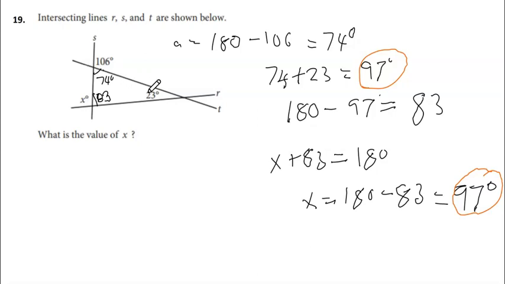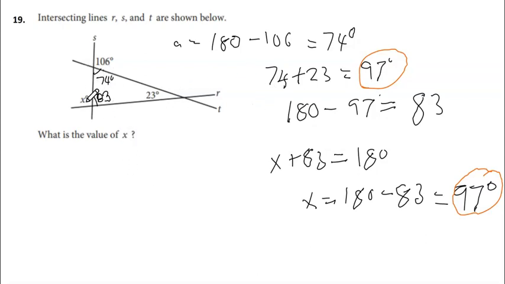So we could have done this in maybe 2 steps, by first finding the angle here and then adding it to 23, and we got the 97 degrees outside here, right? So go through and you realize that this is the fact.